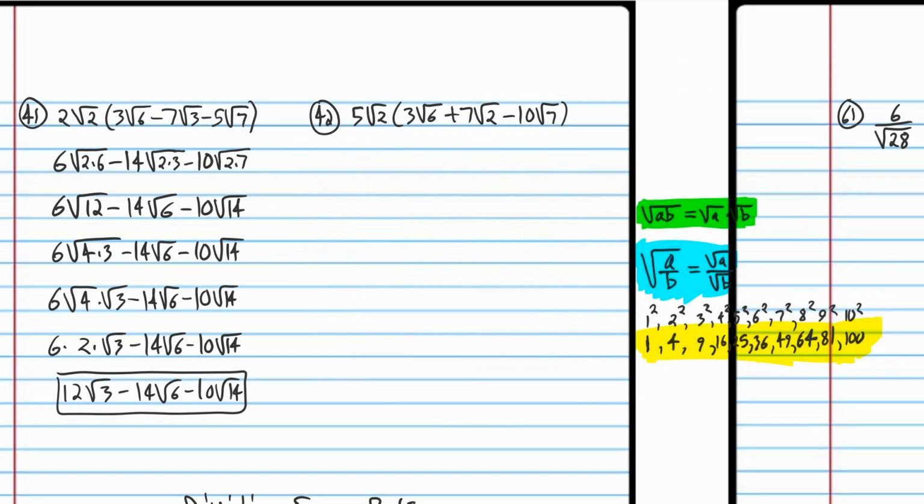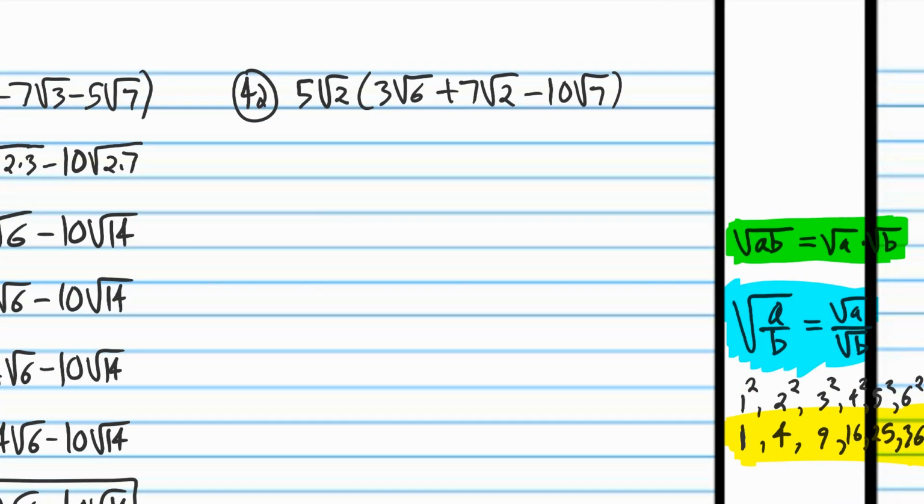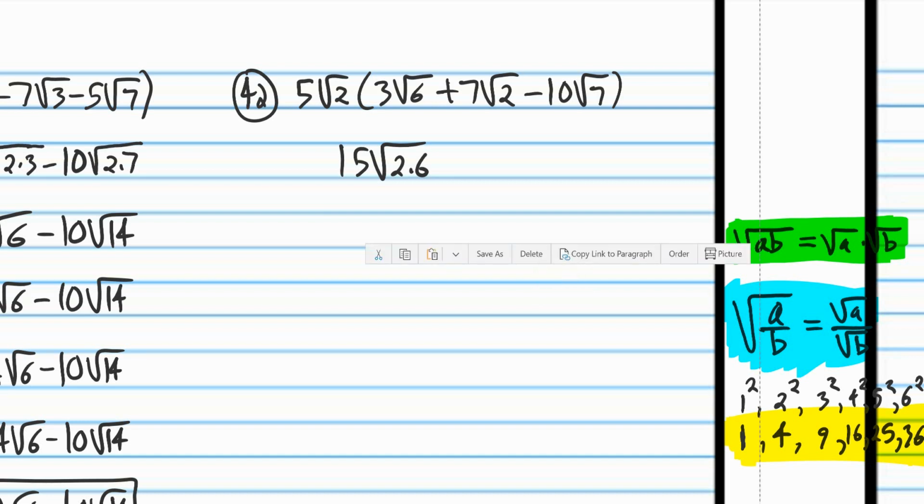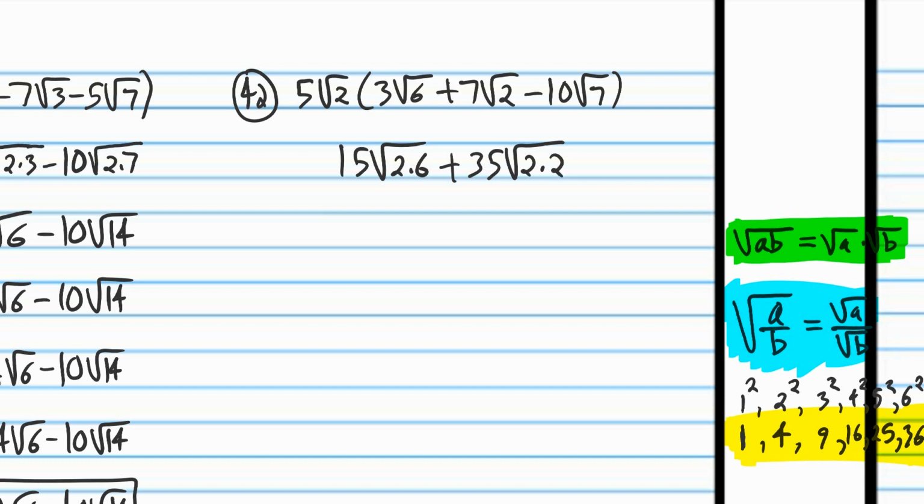So 5 root 2 times 3 root 6 is 15 root 2 times 6. 5 root 2 times 7 root 2 is 35 root 2 times 2. And so on and so forth.